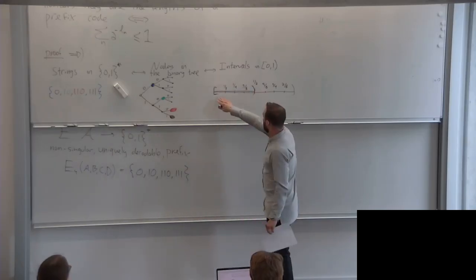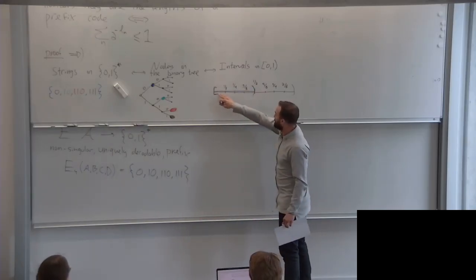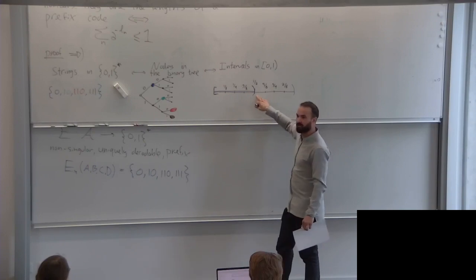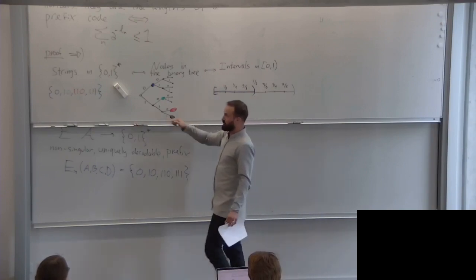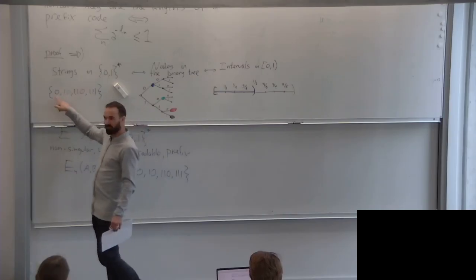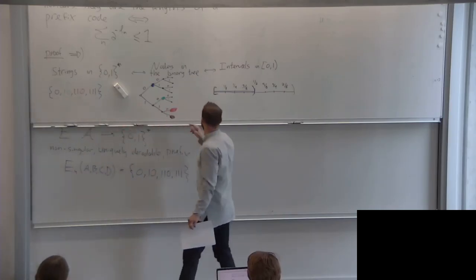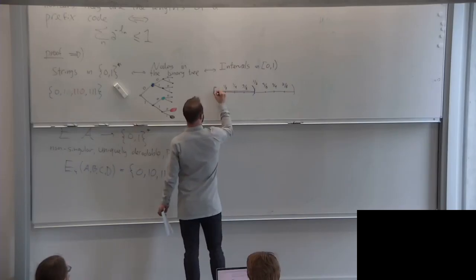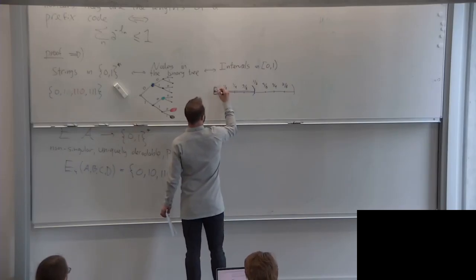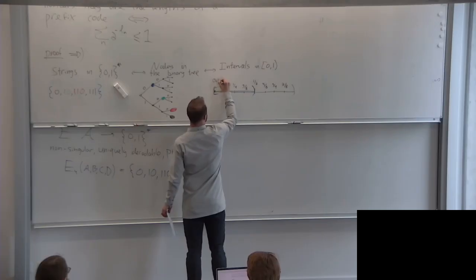I'm highlighting the whole interval 0 to 1/2 in blue to represent the code word 0. You can think about the fact that my code word is really that point here, because this number could be written as 0.0.